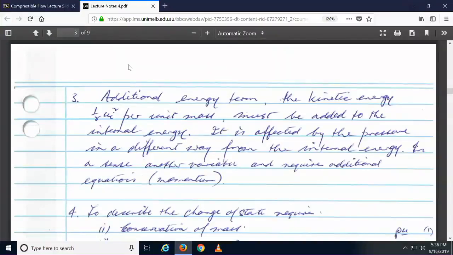And therefore, the fluid doesn't know that it's moving. It remains in thermodynamic equilibrium. So that's a key idea.